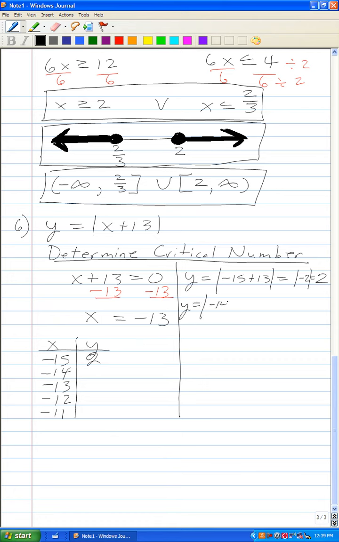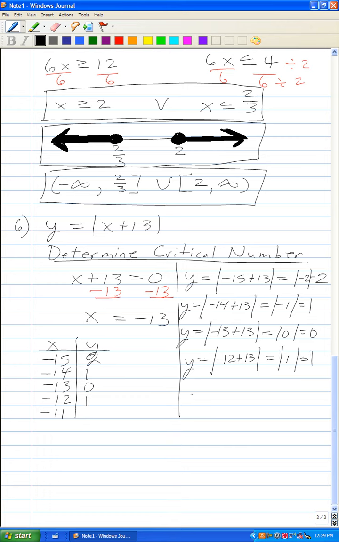Absolute negative 14 plus 13, absolute negative 1, 1. Negative 13 plus 13, absolute 0, 0. Negative 12 plus 13, absolute 1 is 1. Absolute negative 11 plus 13, absolute 2, 2.